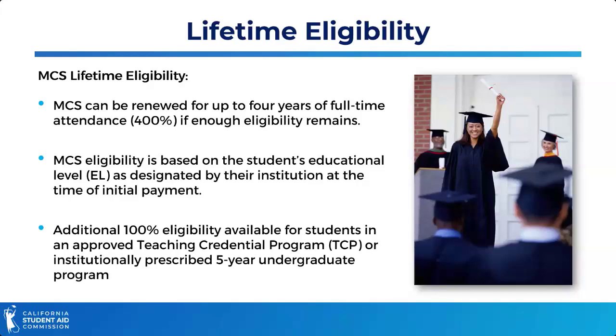So if the student is a freshman when they are initially awarded, they can receive up to the full 4 years of eligibility. And any student that is in a TCP, or the Teaching Credential Program, or a mandatory 5-year undergrad program can receive an additional year of eligibility for those 5-year programs.